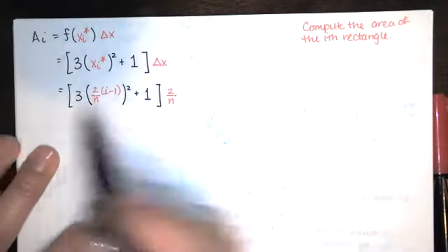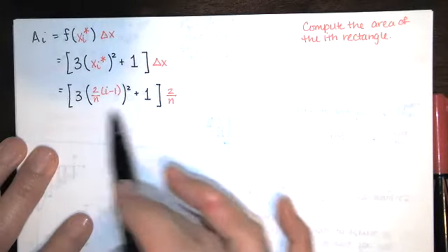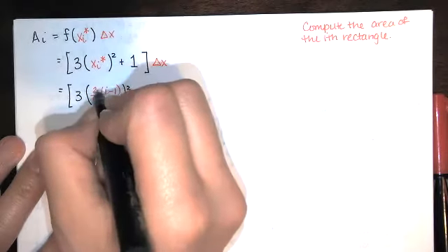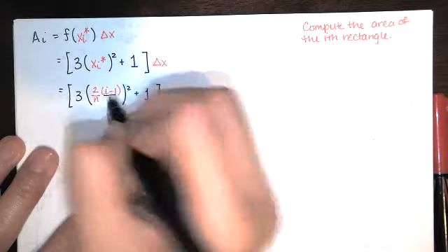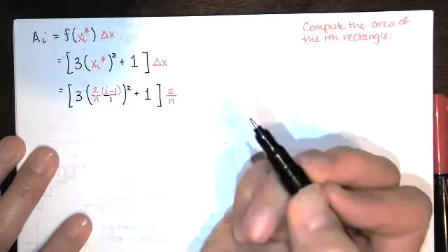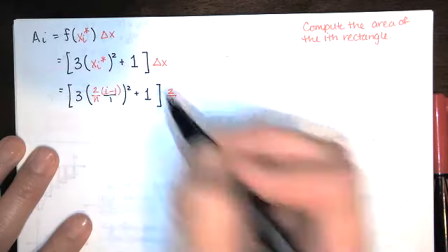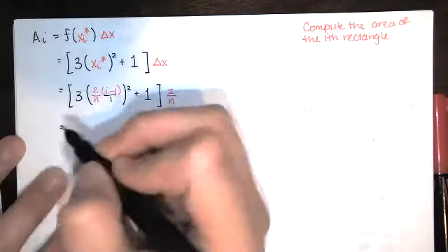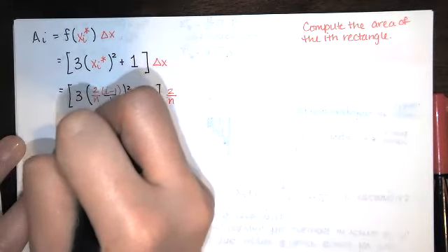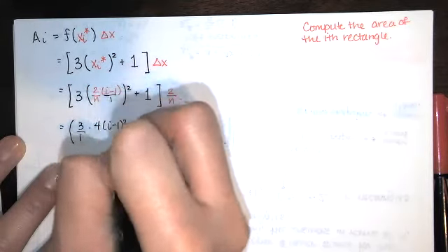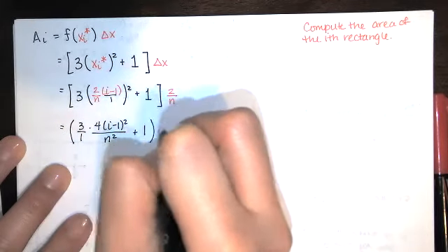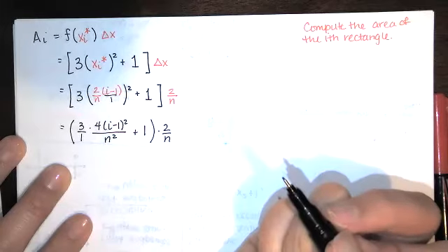So that's our area. It's probably simpler to move on from here if we simplify this first. So let's simplify it. I'm thinking of that as itself over 1. So we want to square the 2, square the i minus 1, square the n, and simplify, and then distribute the 2 over n to everything. So we've got 3 over 1 times 4 times i minus 1 squared. In the denominator, you've got an n squared, and then a 1 here. And then you distribute the 2 over n to everything.